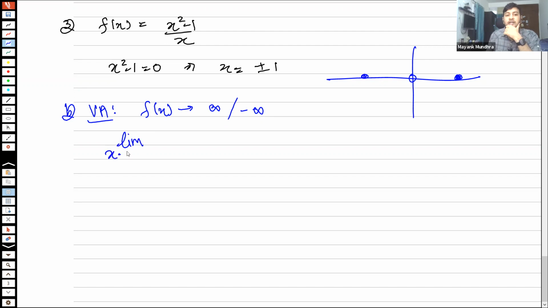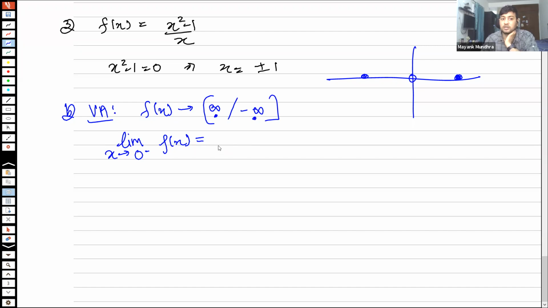What is the limit as x tends to 0 minus of f of x? What happens when x goes to 0 minus, something close to 0 but to the left of 0? Obviously it's going to infinity. My question is, is it going to positive infinity or negative infinity?